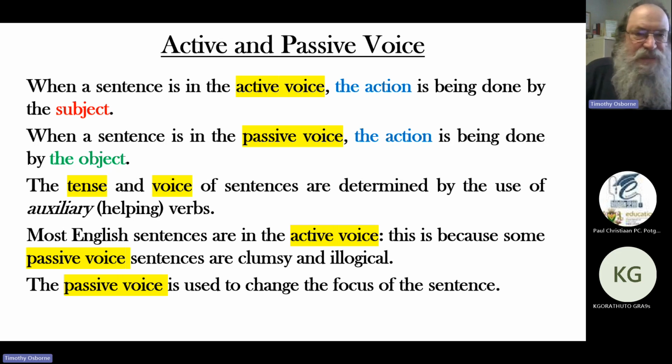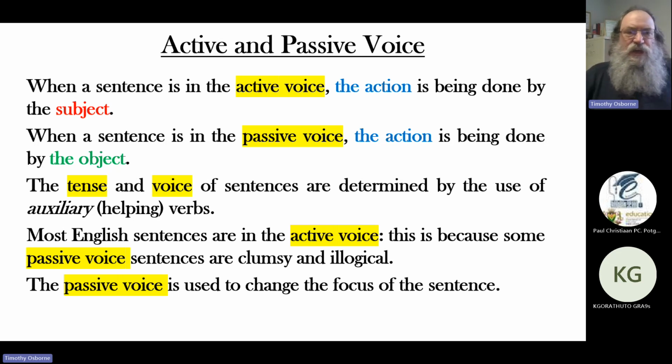Here also, active voice. This is by far the most common voice in English, because you will see from the sample sentences, sometimes the passive voice becomes totally mangled, impossible to use. And then the purpose of the passive voice, when it is used effectively, it changes the focus of the sentence.